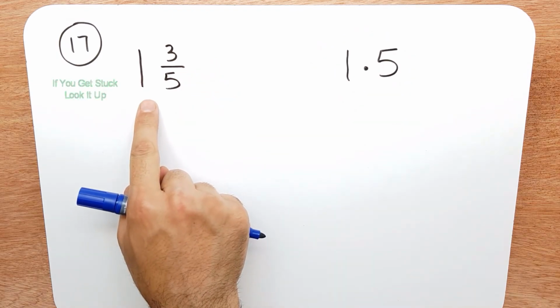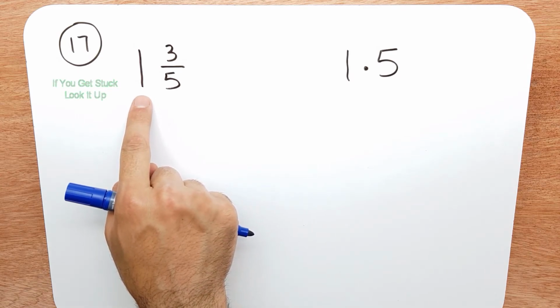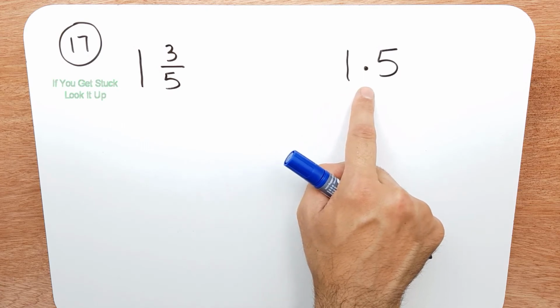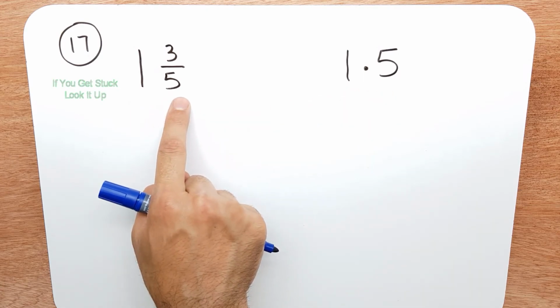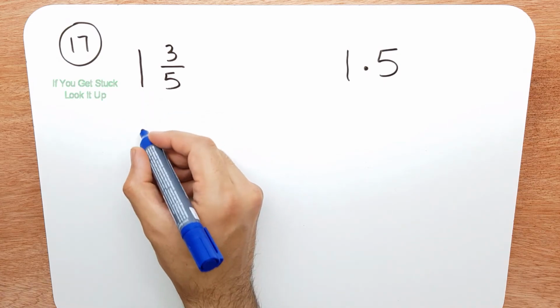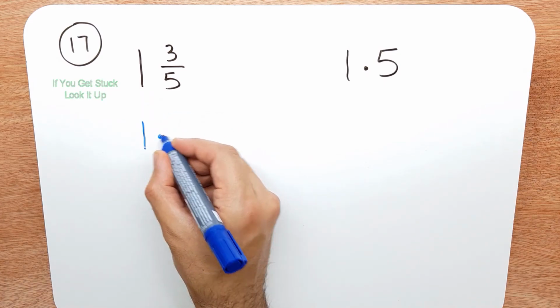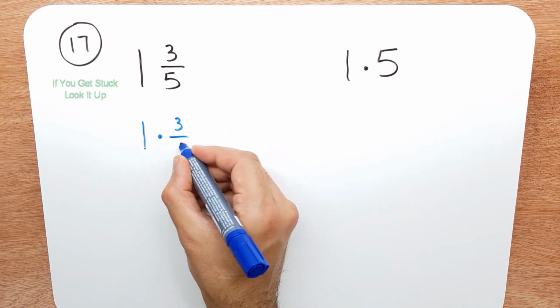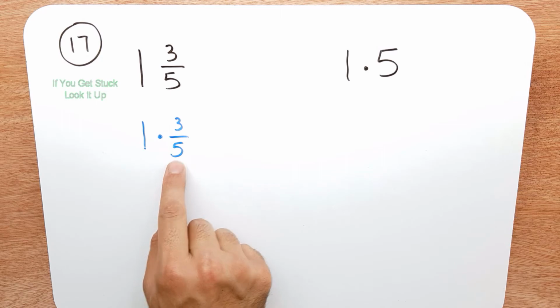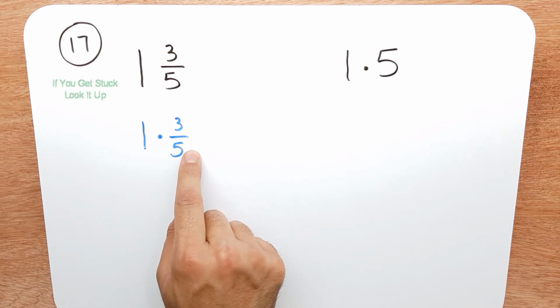In the last part of the question, we're asked to compare 1 and 3/5 and 1.5, and we know that's a mixed number. So I'm going to write this as 1 and 3/5. Now I need to find out what 3/5 is as a decimal.